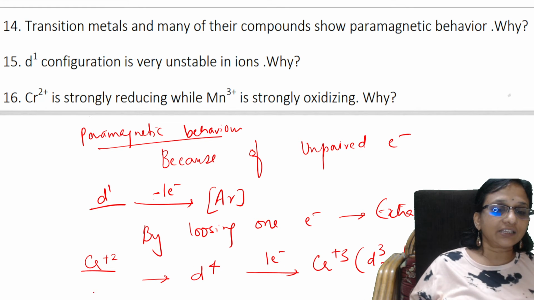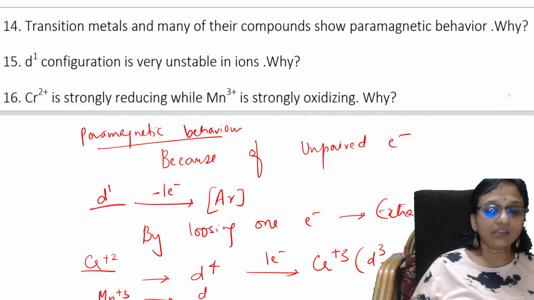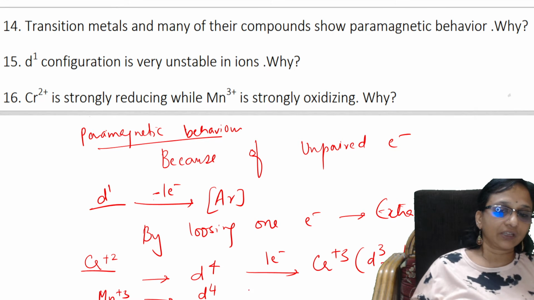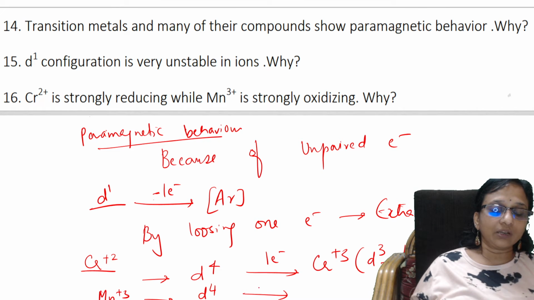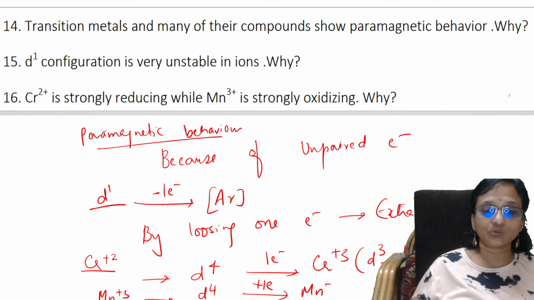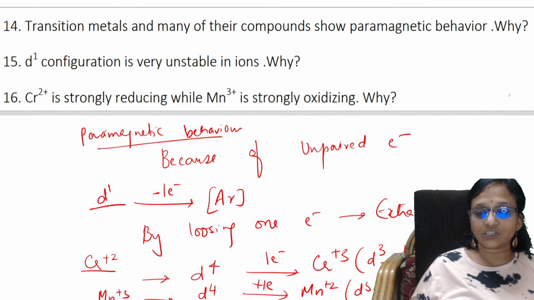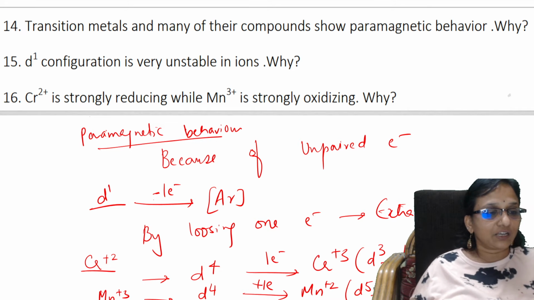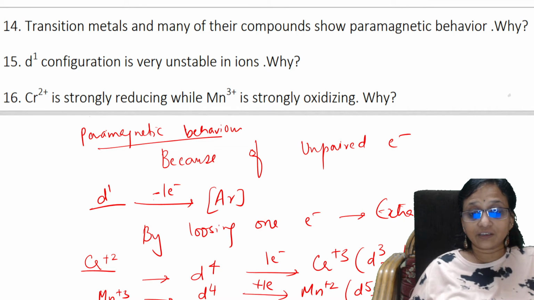Done. Next, in the second case, Mn plus 3. If I check, Mn plus 3 has d4 configuration. It will take one electron and become Mn plus 2 and get d5 configuration. d5. You only see, students, d5. Check.